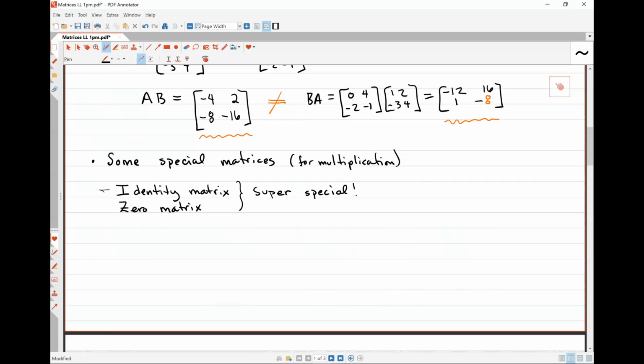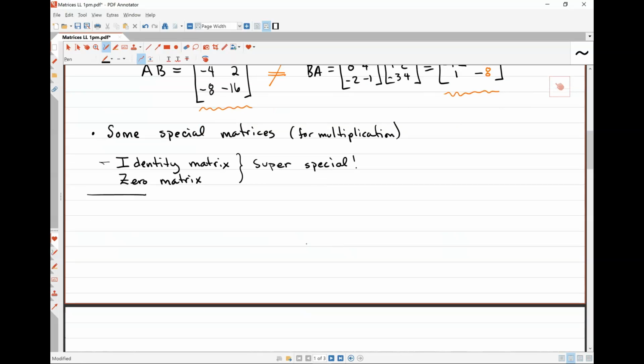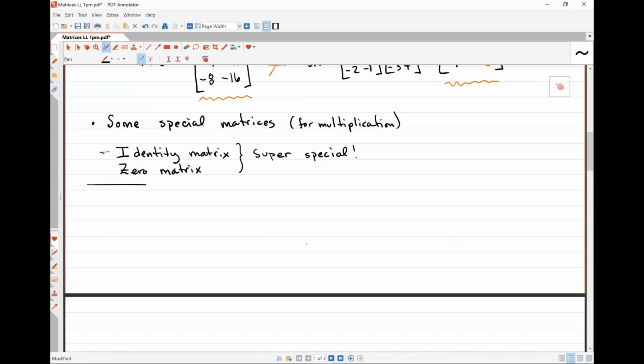Okay, so sometimes people ask me about non-square identity matrices, and you can do some things with non-square matrices that look a little bit like the identity matrix. So let's take an example.